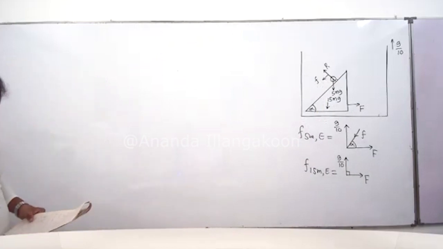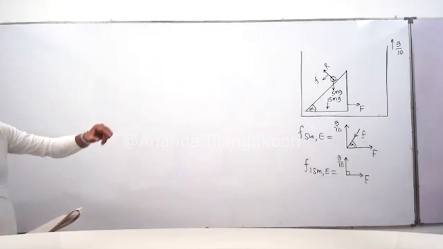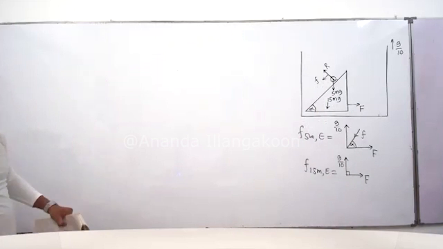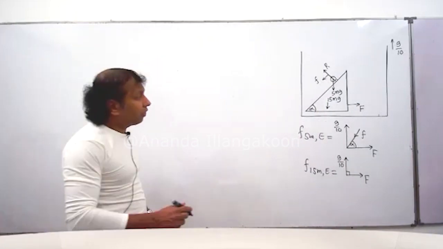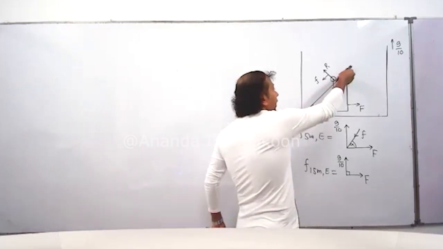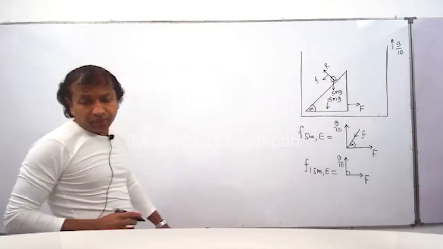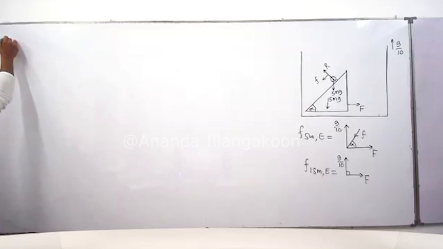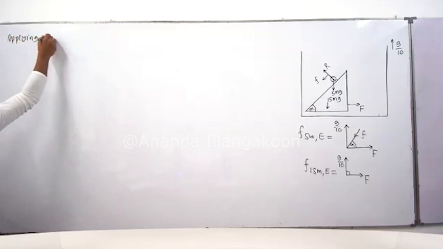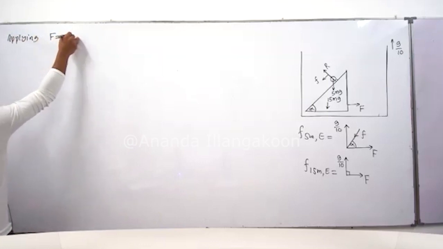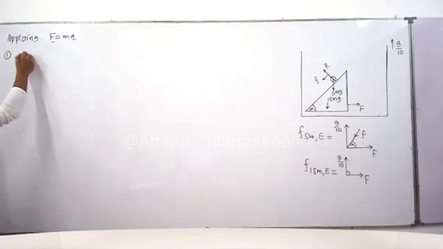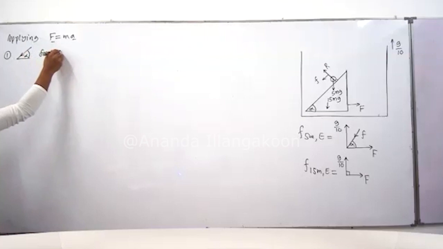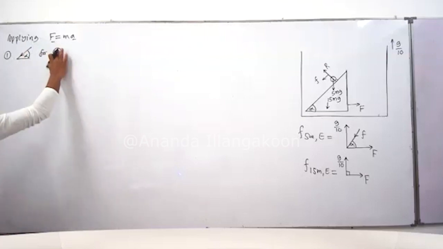Now we can first apply F equals ma for this particle down along the plane. Applying F equals ma, number one, in this direction, making an angle alpha, for the simple mass 5m.